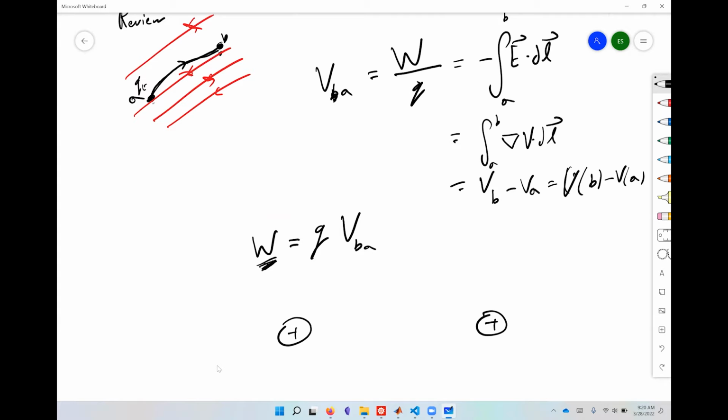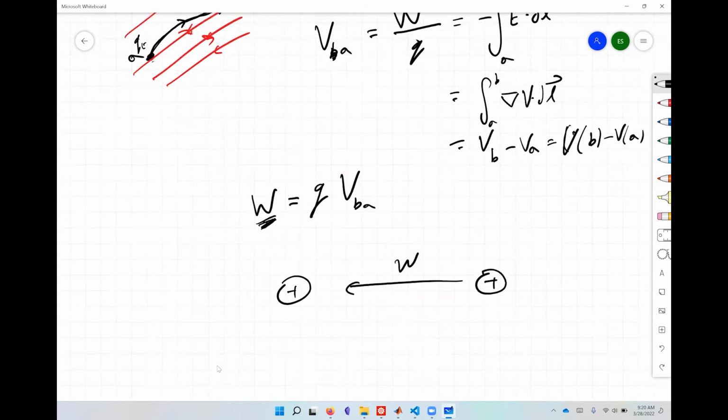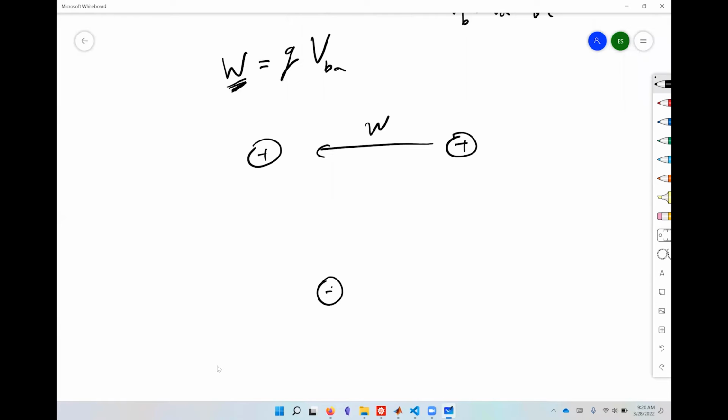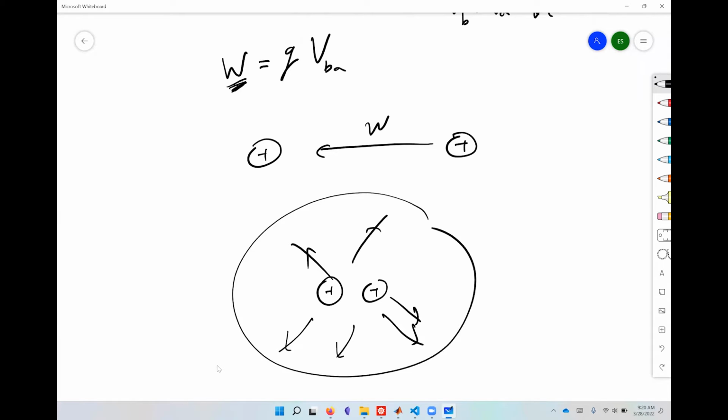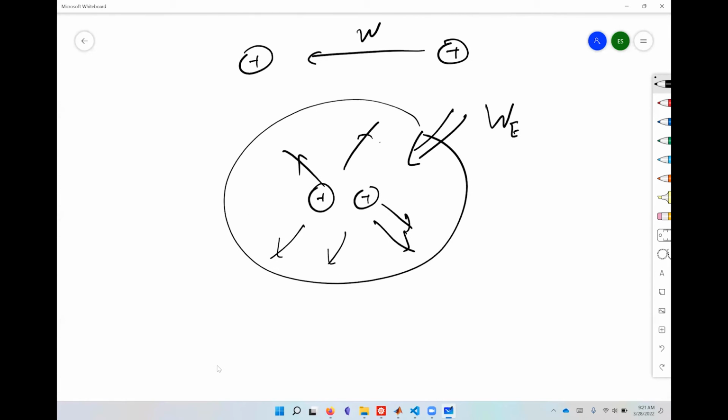Then you bring them closer, expending energy, and now you have a field. So the total energy of the field, WE, has to be the energy that you exerted to create the field, because energy cannot be created from scratch. That's the key idea. Okay.